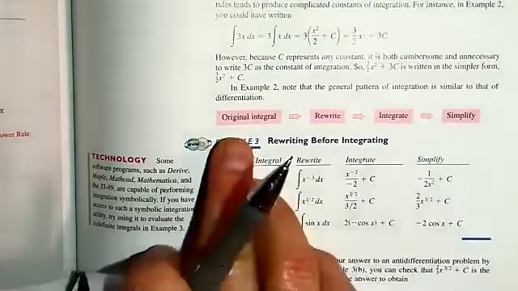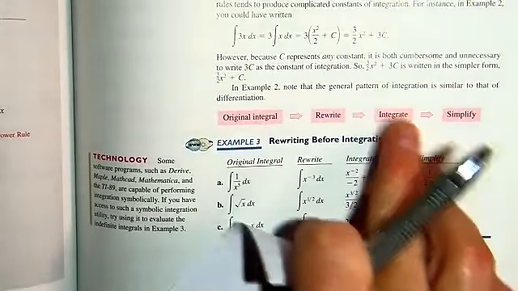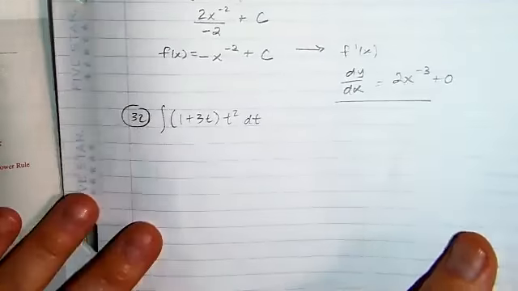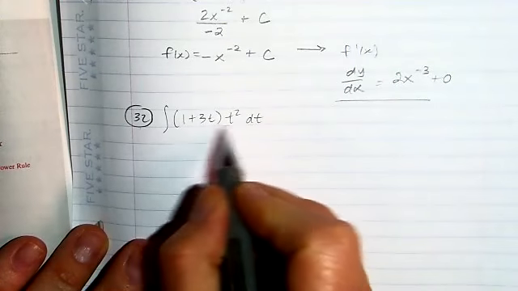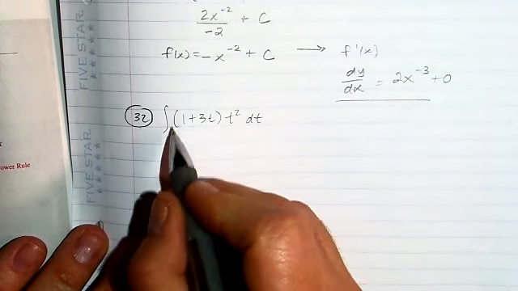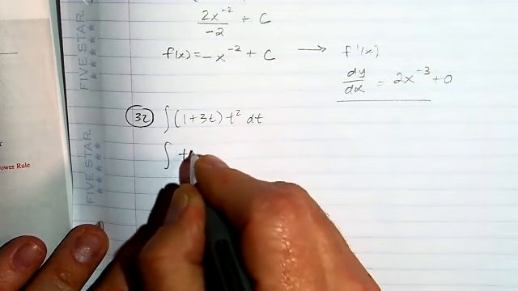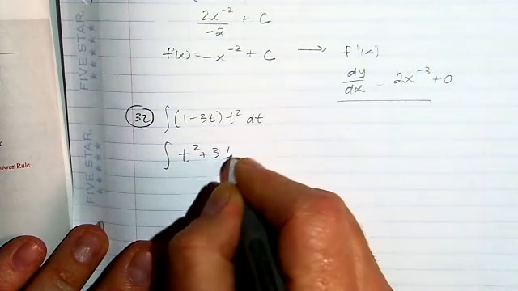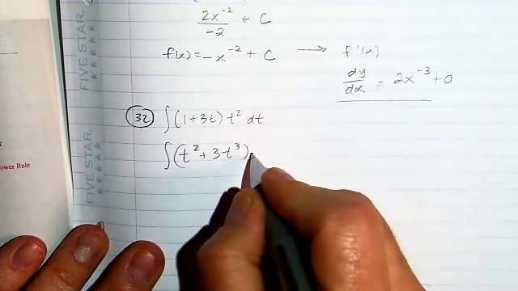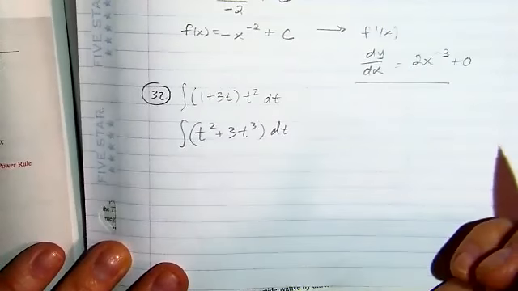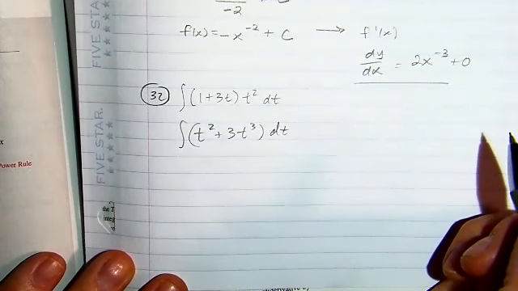Take the original integral, we rewrite it, we integrate using a rule, just like in derivatives we use rules, and then we simplify. For this problem, first thing we want to do is rewrite. As you can see, the way this is written, it invites us to go ahead and multiply that. So the first thing we would do is go ahead and distribute that. We get this t squared plus 3t cubed dt.